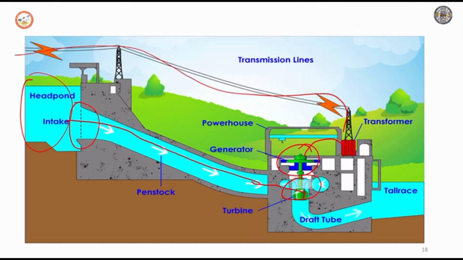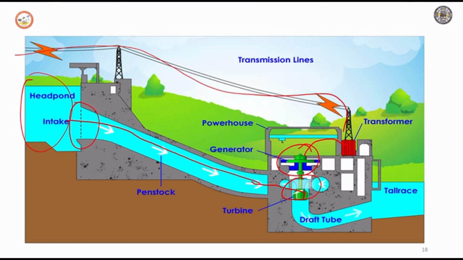Usually hydroelectric power plants use water to generate electricity, and these power plants are placed near water sources. The energy available from moving water depends on the volume of water flowing through the penstock, which can be controlled using valves.